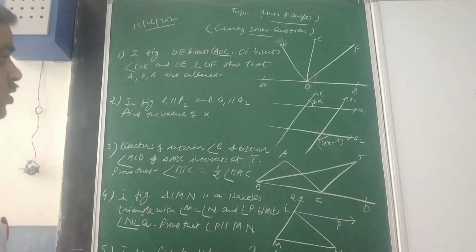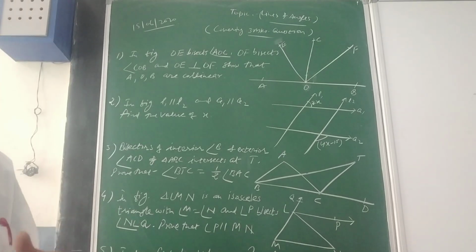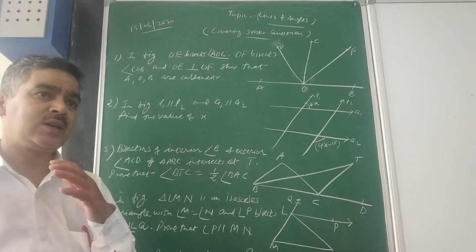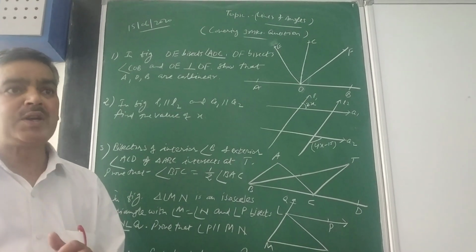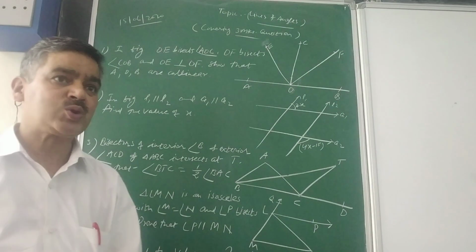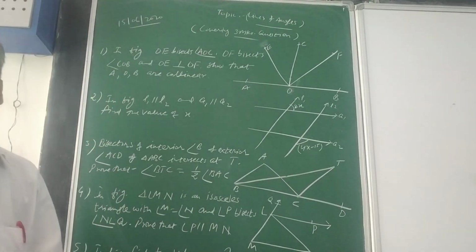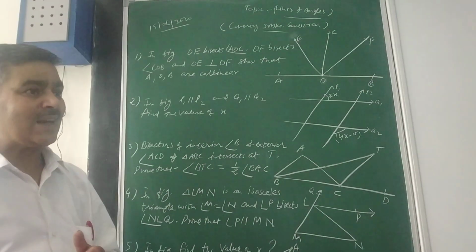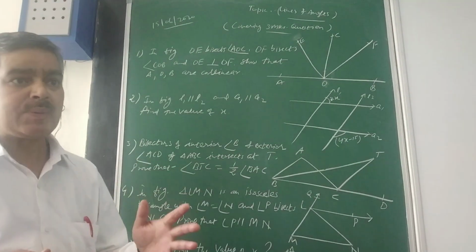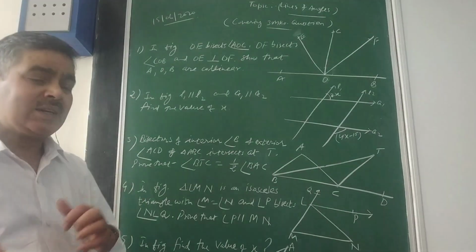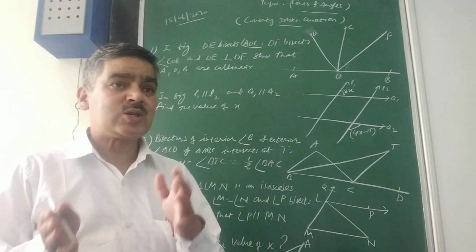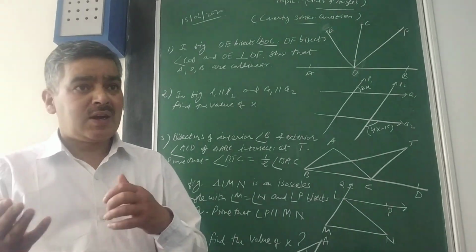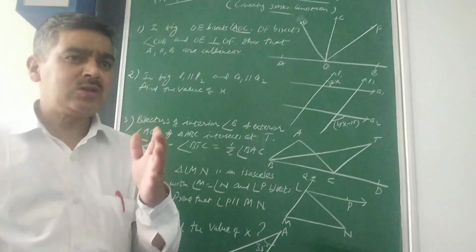So in section C, first of all, sum up what you learned in lines and angles. The topic we are going to wind up, which we learned from class 6 to 8, includes the linear pair axiom, then all the properties of parallel lines, triangle angle sum property, exterior angle sum property, vertically opposite angle property, adjacent, co-interior, all these properties.